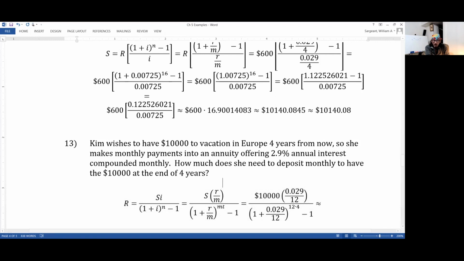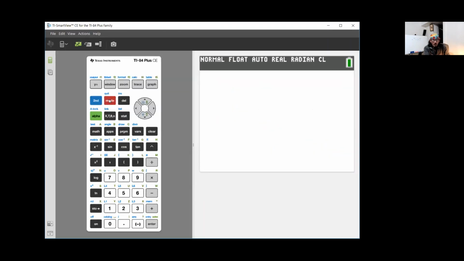Now let me do a little calculation here. If I were to divide 10,000 by 48, without interest, 10,000 divided by 48, what I would expect. Remember, this is a reverse of the previous question. We're looking for what monthly payment to make.